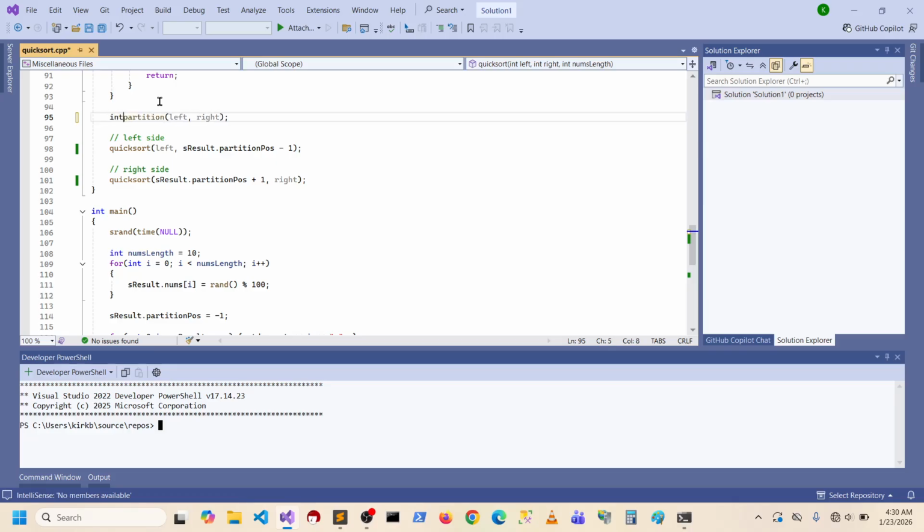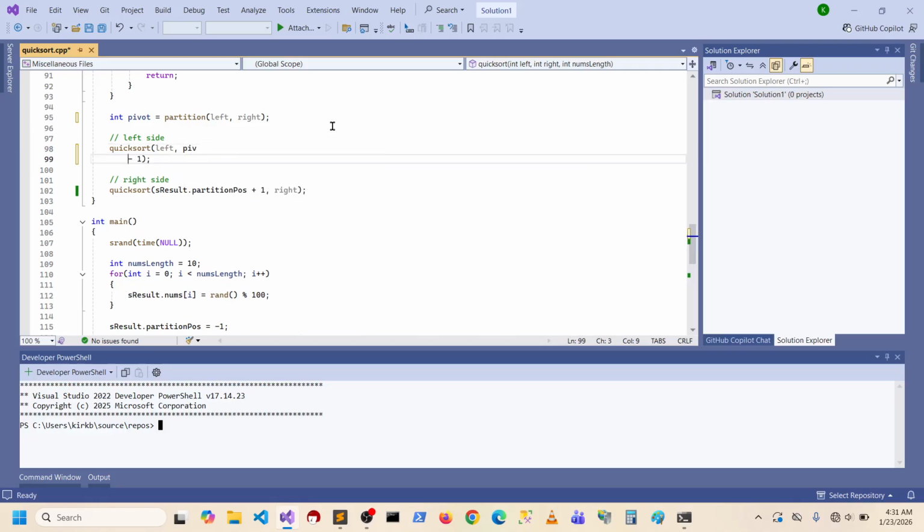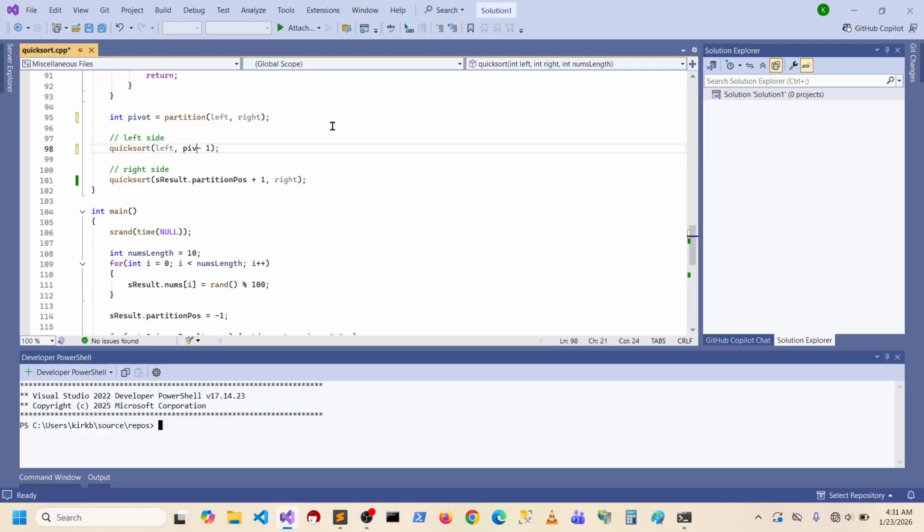So if I had, say, pivot equals partition there, and then I said pivot -1, what if I went into... Oh, come on, Visual Studio.